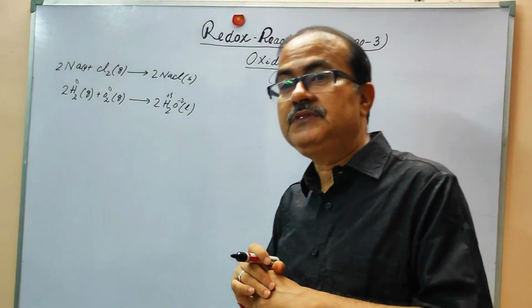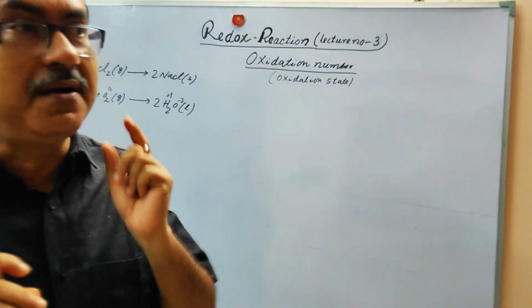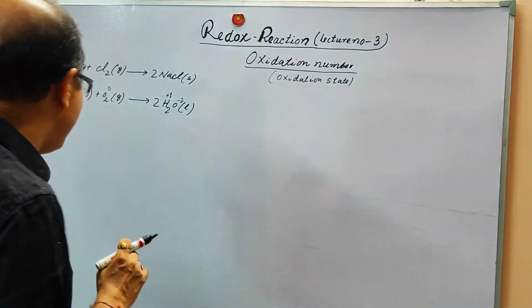So how do we define the oxidation number or oxidation state of an element?